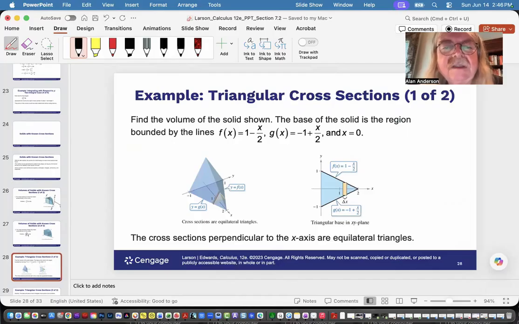Oh, look at this one. It's kind of like a pyramid, I suppose. And so here we are. What they're doing is this is meant to be the slice. And you can see this we know how to do. We're taking the area between two functions. And here's our representative rectangle.